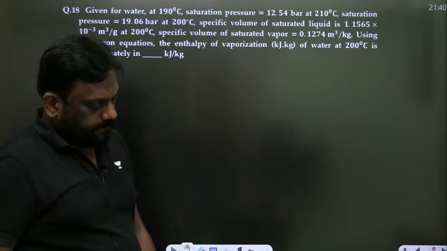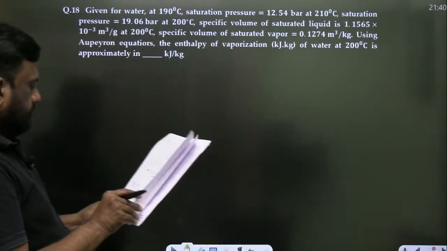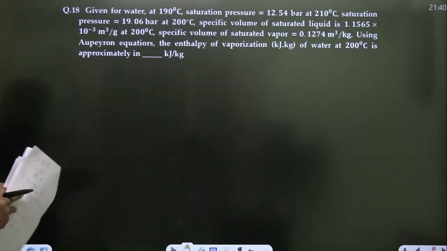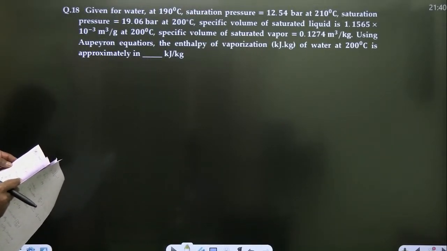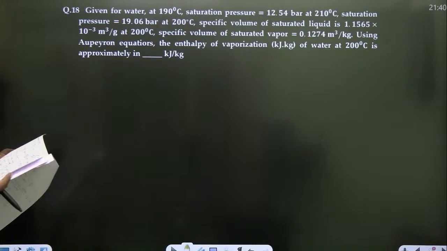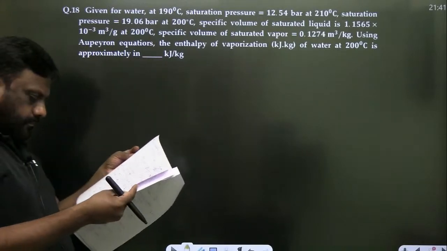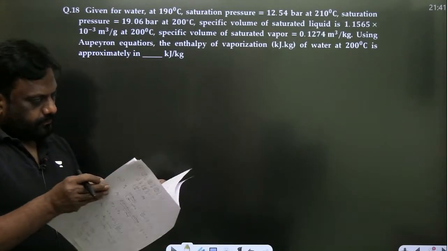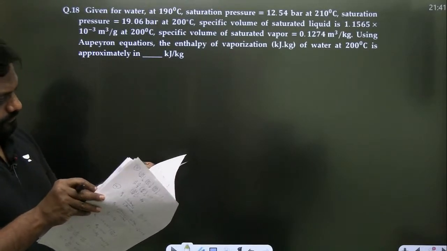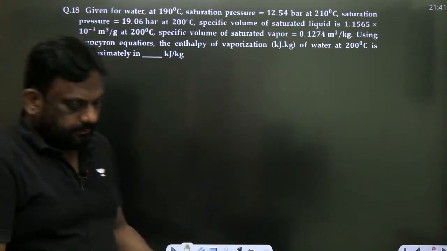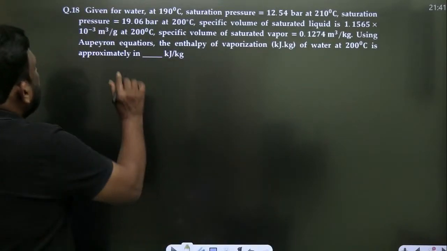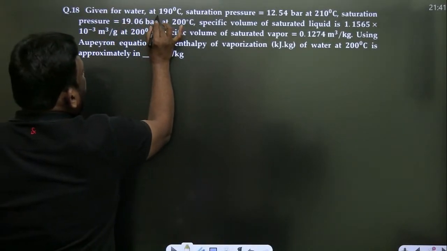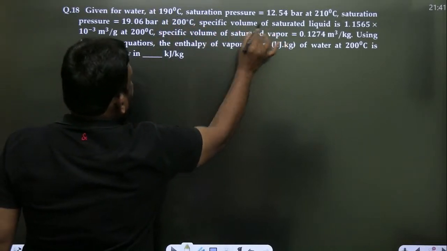Do this one. Yes. Given for water at 190, the saturation pressure is asked.